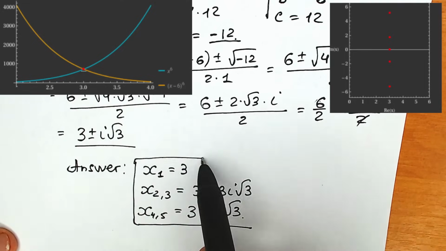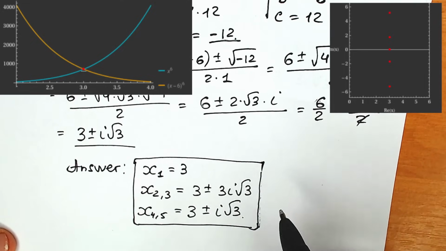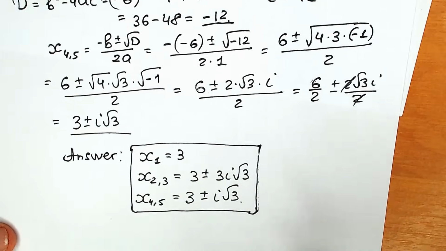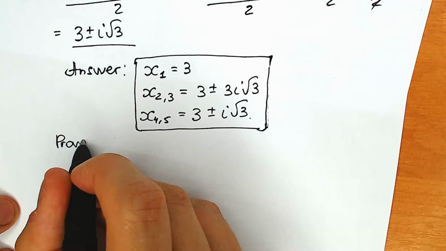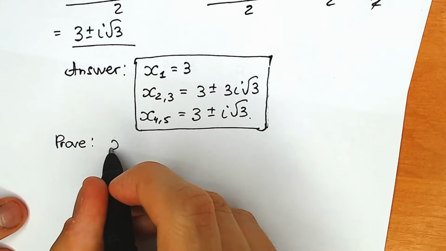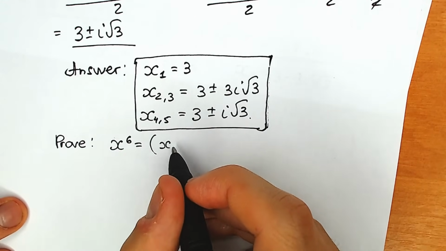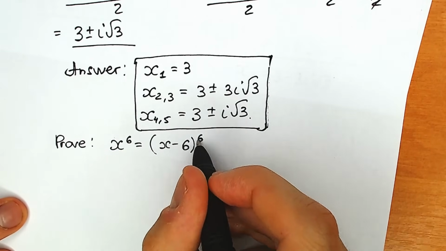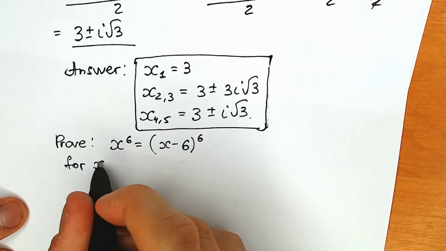And as I said before, right now let's check real quick. x first is equal to 3. Let's prove real quick our x first equal to 3. In the beginning, what we had was x to the power 6 equal to x minus 6 to the power 6. Right now let's check it for x equal to 3.